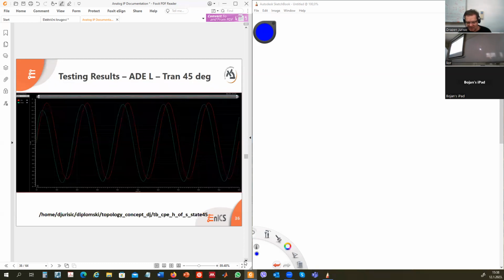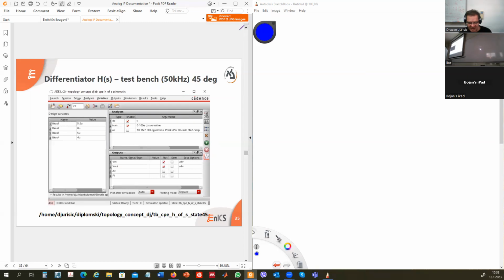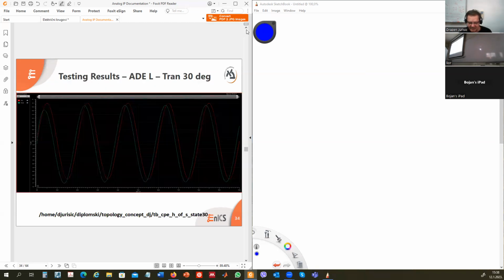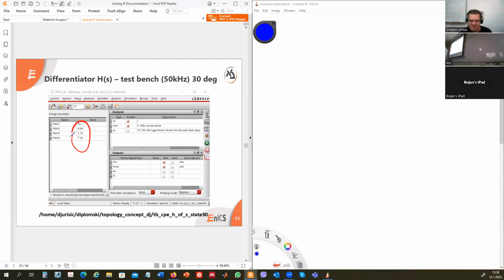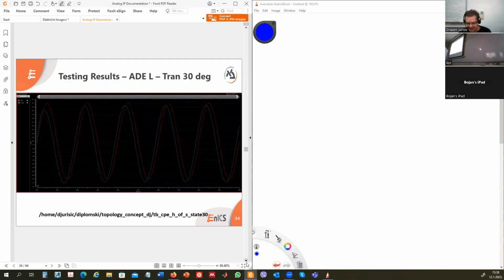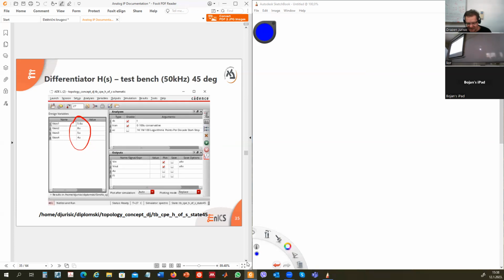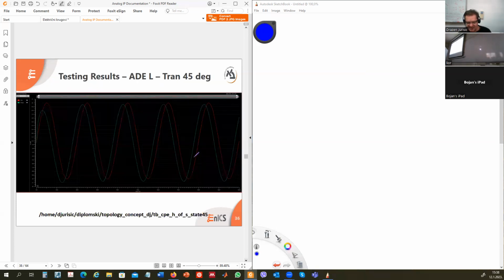And you change only the currents. Notice these currents here and these currents here. So you use different currents and you obtain transient analysis with different time lag of the two sinusoids.